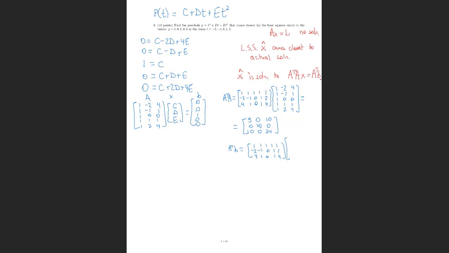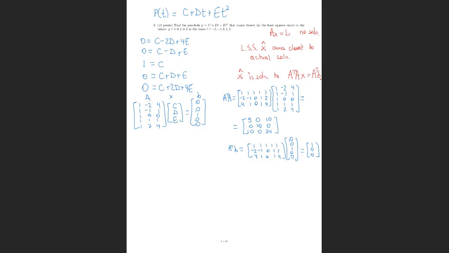So we got that, and then times B. So that would be equal to the third column, 1, 0, 0. Okay, and so then to solve this system of equations, A transpose A X equals A transpose B.